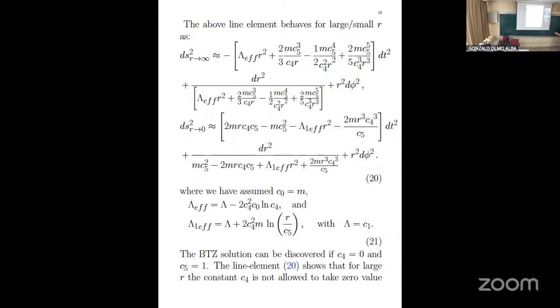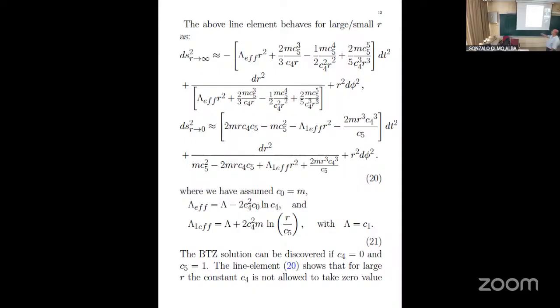So there appears this extra term which comes from the modification, which comes from the value of f of r. So, for example, this one and this one. And you can see that if C4 equal to 0, in that case, we recover the BTZ for small r.